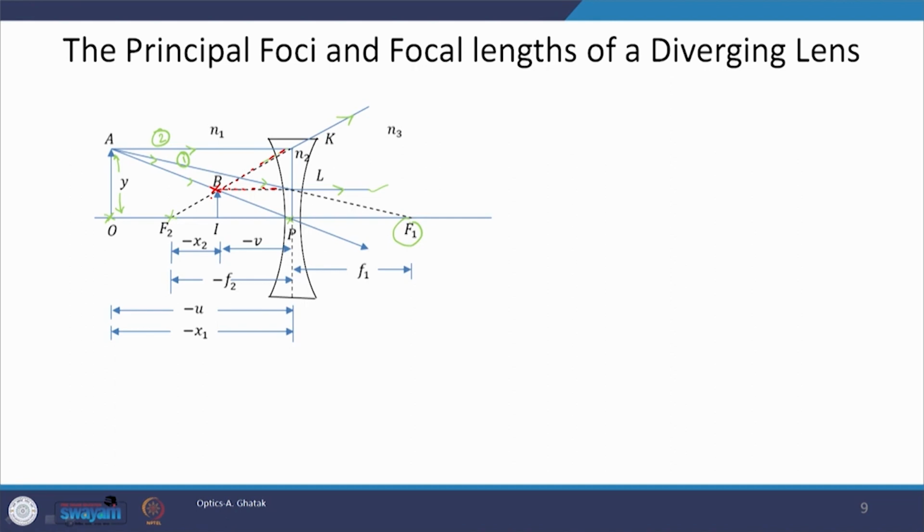Here too we can define different distances, like the first focal length, the second focal length, the object distance, the image distance, and so on.